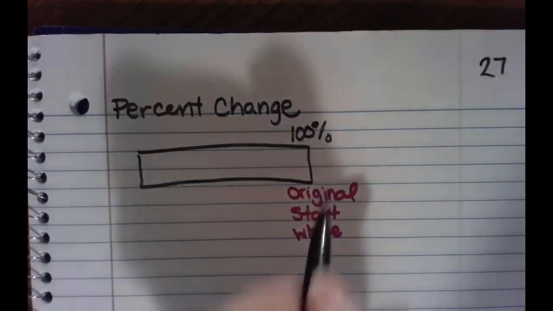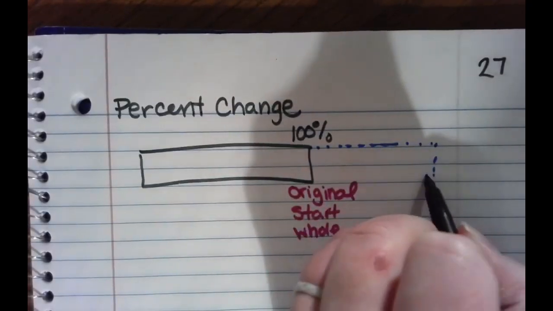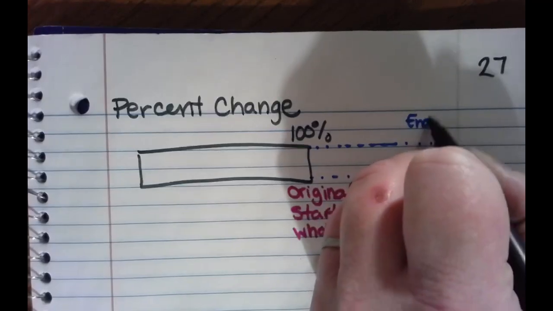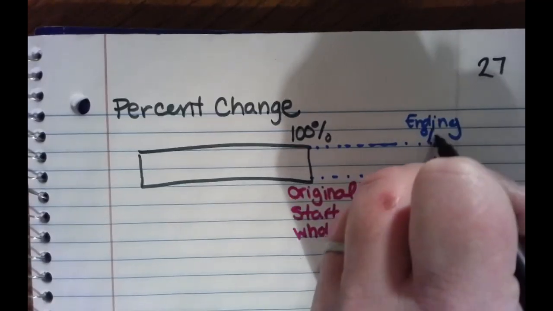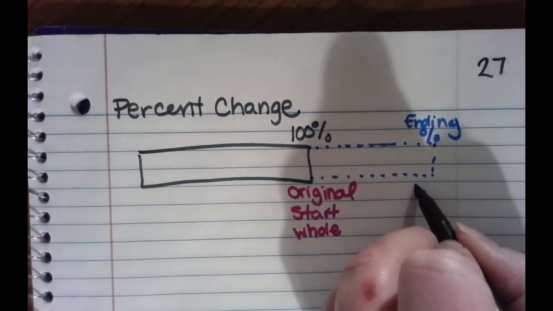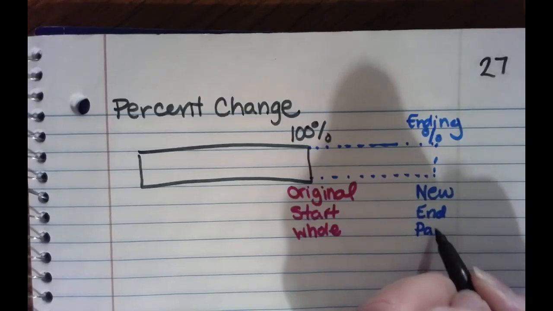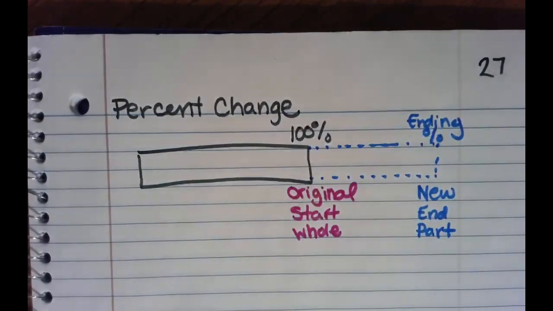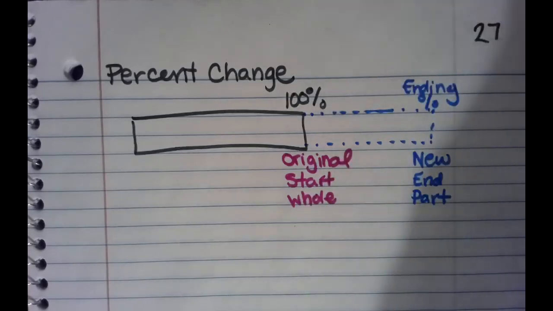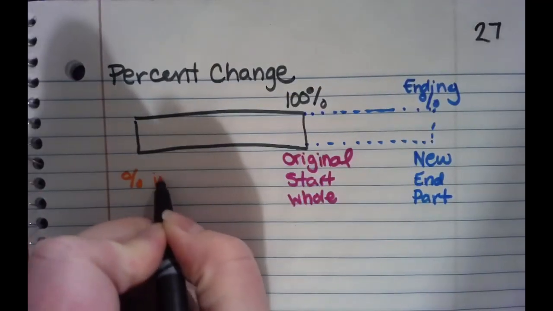Okay, so if you increase, this is your ending percent. So maybe you end better than you started the day. We could call this the new, the end, or the part. Those are all different words that we use for that. So sometimes this would be an increase, and we're going to call that a percent increase.